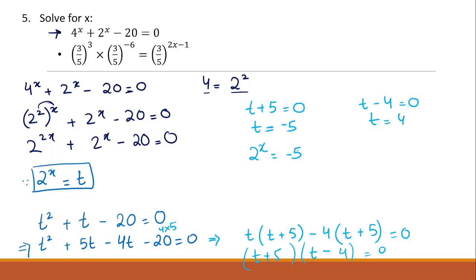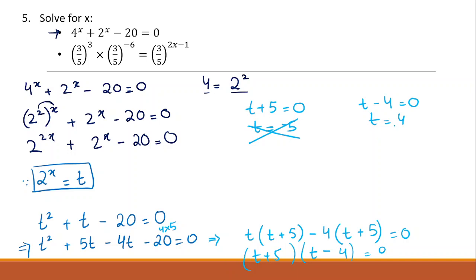There is a negative 5 here, which means it cannot be possible. 2 to the power x cannot equal a negative value. So we will eliminate this, we will not take t equals negative 5, but t equals positive 4. So we will take this.